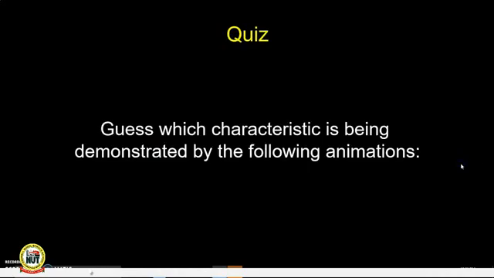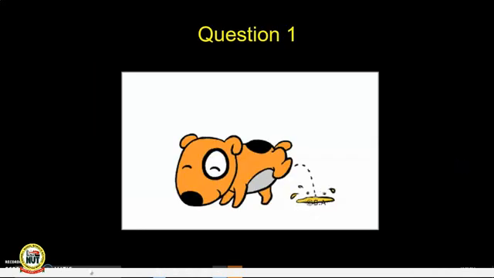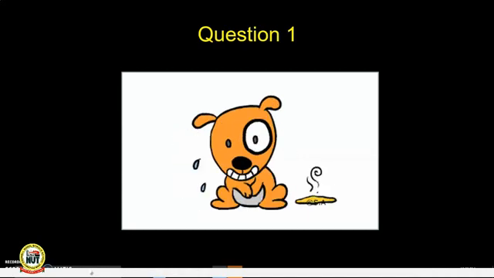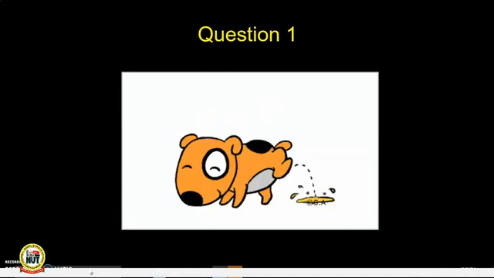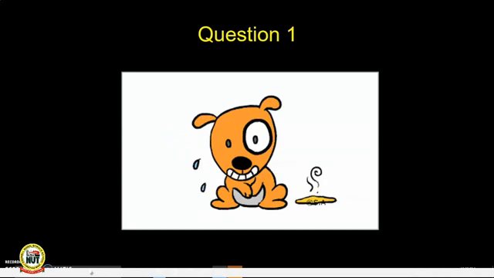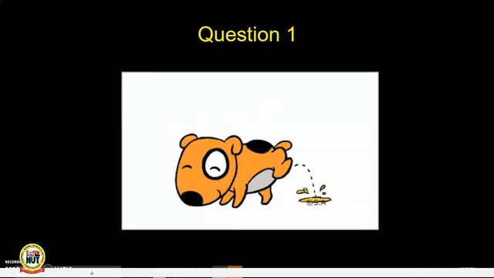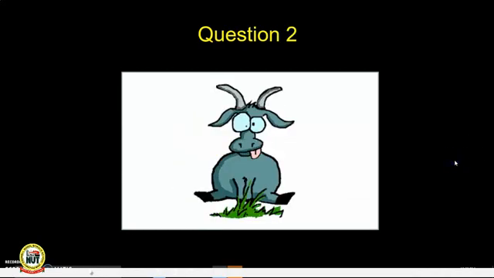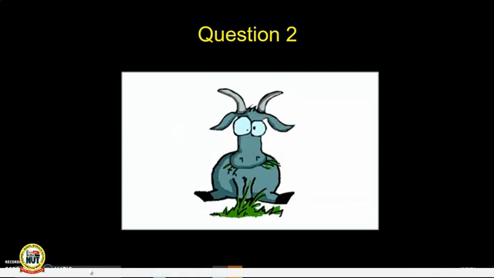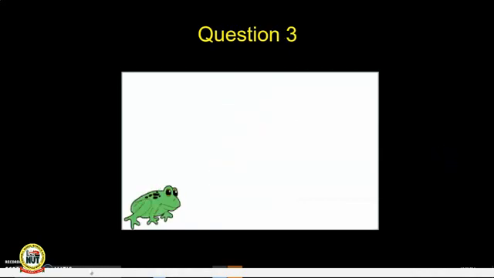Now let's take this quiz quickly. Guess which characteristic is being demonstrated by the following animations. Question 1. What is this animal doing? Is it nutrition? Is it growth? I don't know. You tell me. What is this animal doing? Is it nutrition? Is it movement? I don't know. You tell me. What is this animal doing?